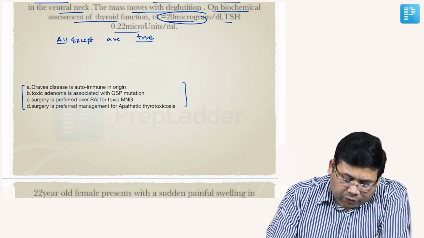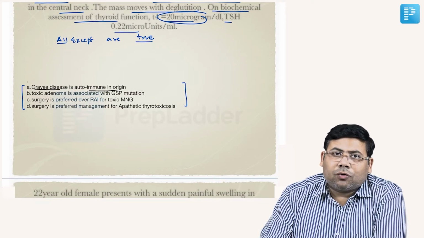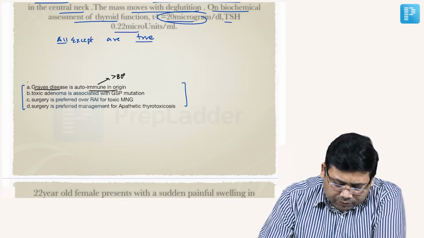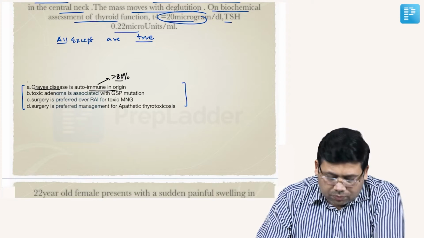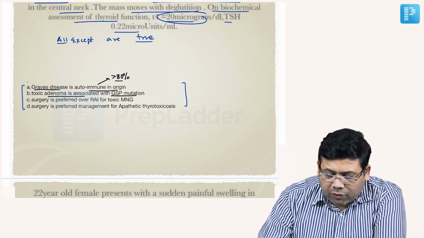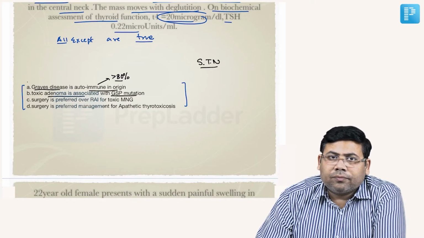Graves, if you talk about Graves, it's an autoimmune condition in the majority of the cases. In more than 80% of the cases, it is autoimmune. Toxic adenoma is associated with GSP mutation. Do you know solitary toxic nodule or toxic adenoma?